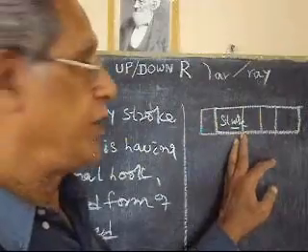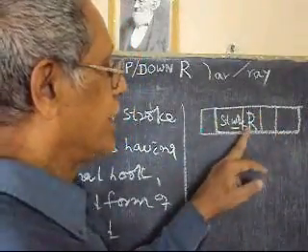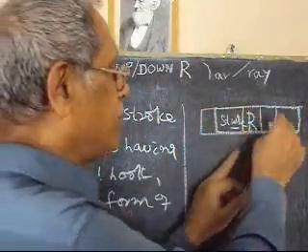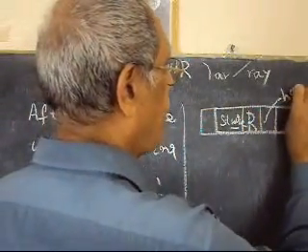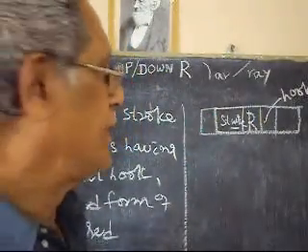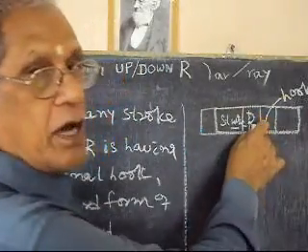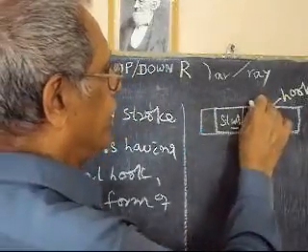After that, R must come. Then, after this, there must be a hook. See the rule. Then, this R should be written with upward.